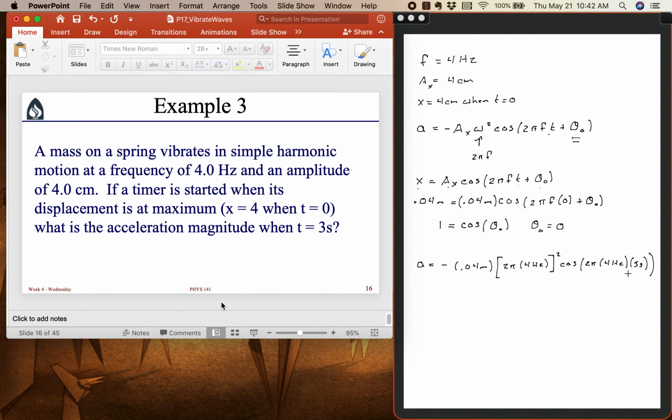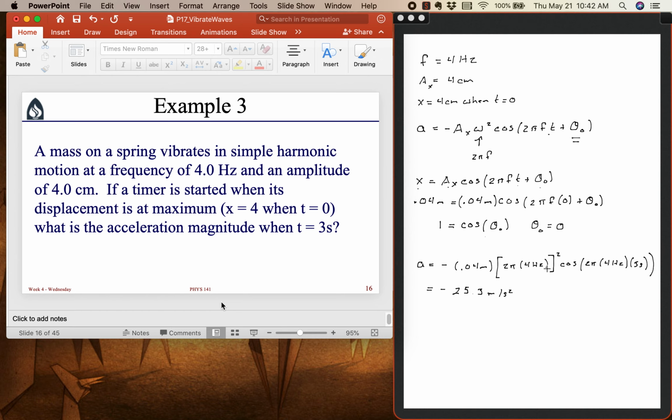So then we can take the cosine of this, and we have to remember that the calculator must be in radian mode because this is going to give us an angle in radians. So we have to use radian mode, and then we can do this calculation. And if we do that, we find we get an amplitude equal to negative 25.3 meters per second squared.